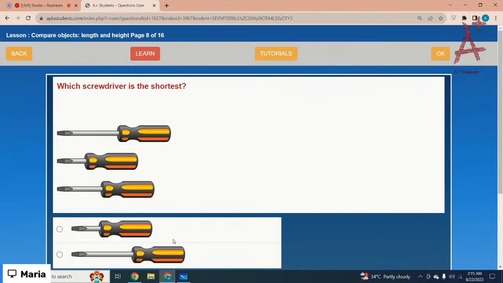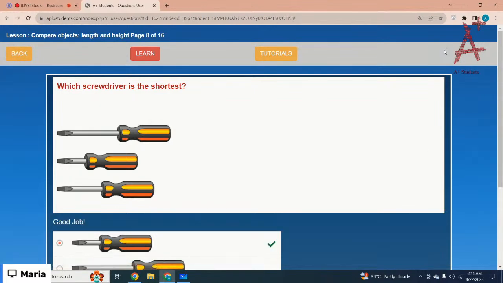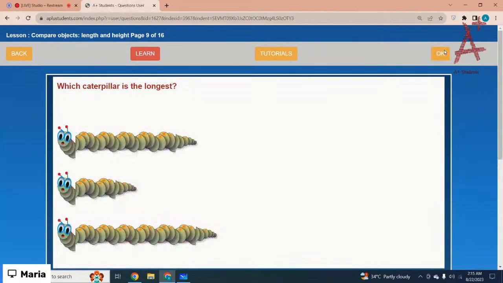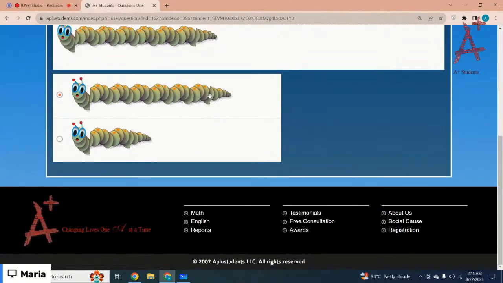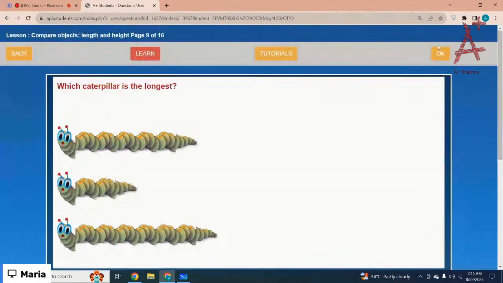Option number one is the correct option. That would be the shortest one. Which caterpillar is the longest? Just look at the options. So option number one is the correct option. That would be the longest one.